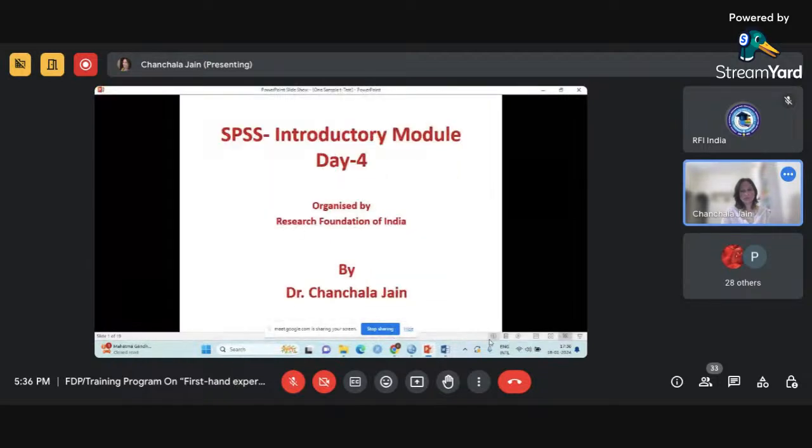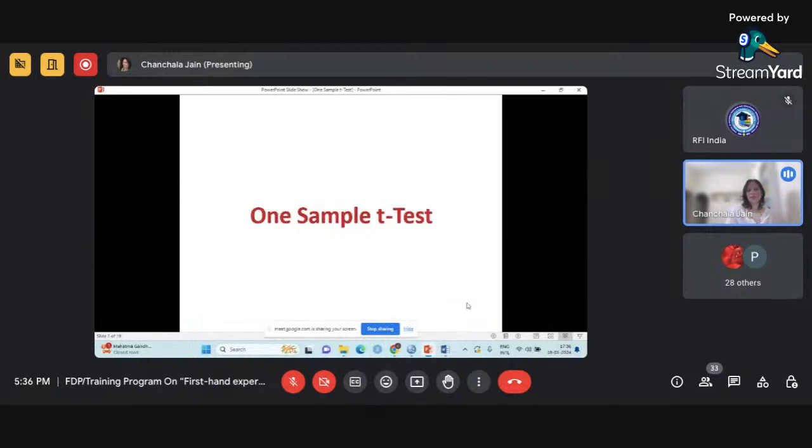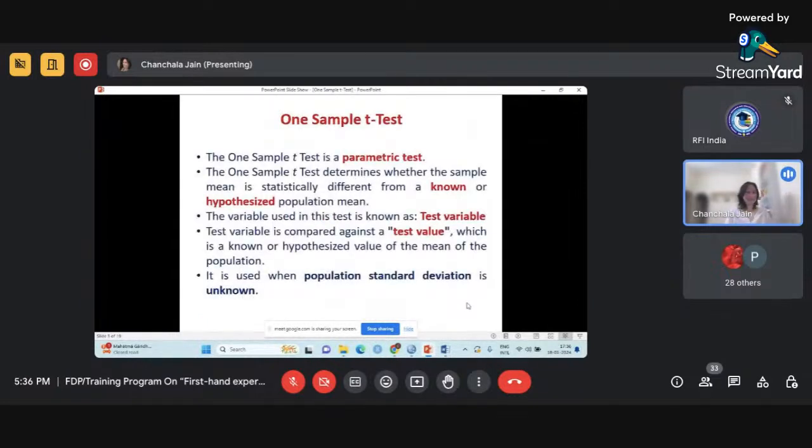Starting with the one sample t-test, firstly we will understand its conceptual aspect, and then we will proceed with applying the one sample t-test using SPSS. A one sample t-test is a parametric test, whereas yesterday we saw a non-parametric test.